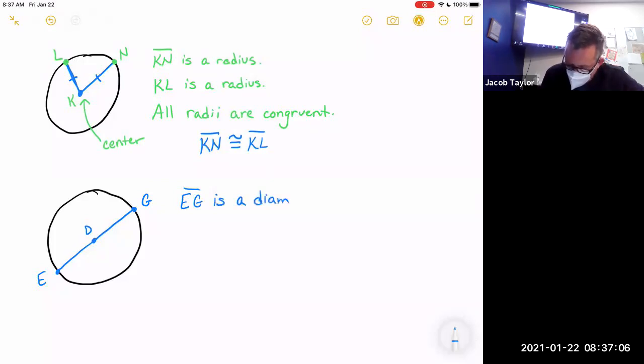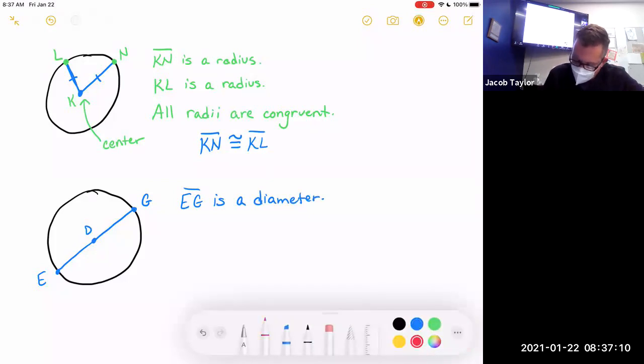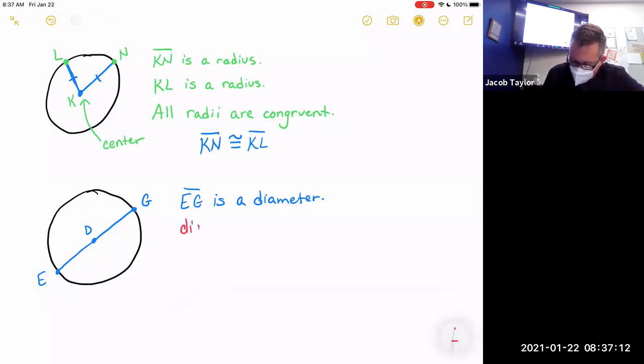And this is something that you should know already, but we'll put it in our notes just for the sake of completeness, which is that the diameter is equal in length, the diameter is the same length as two radii. Symbolically, we would say that ED times 2 equals EG.